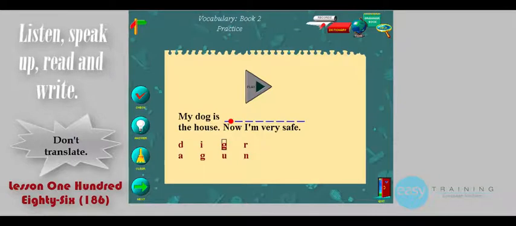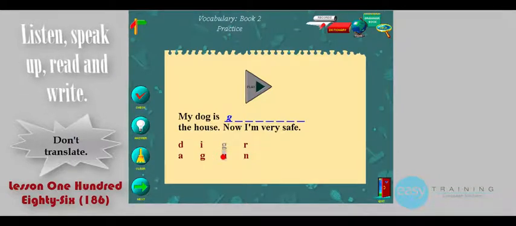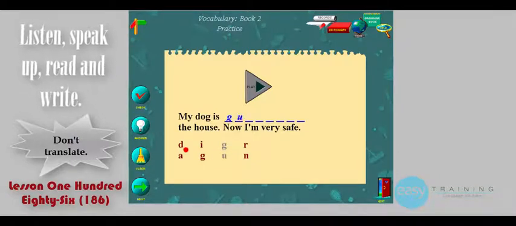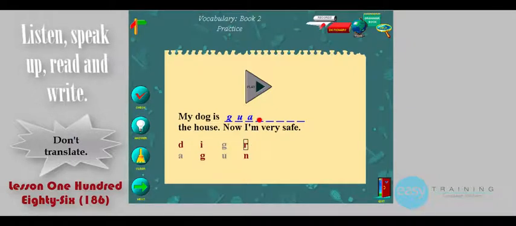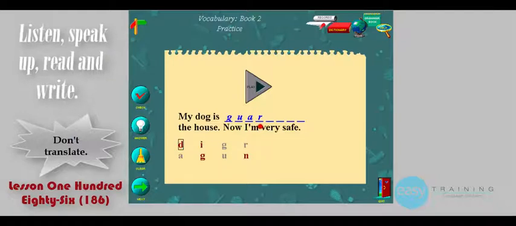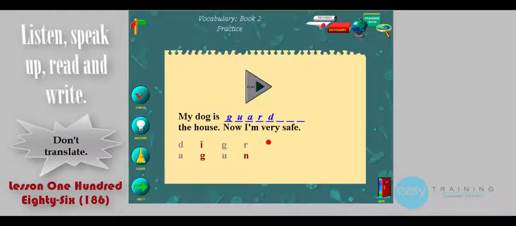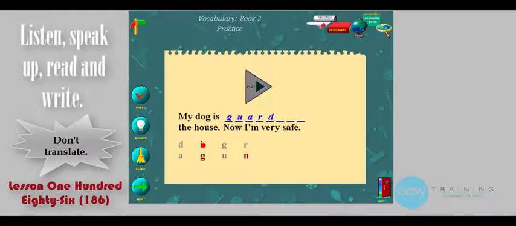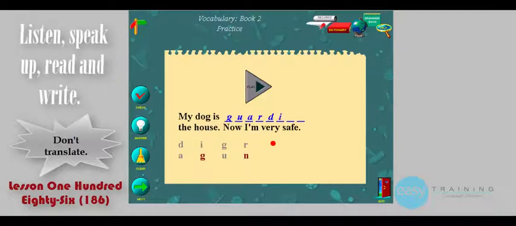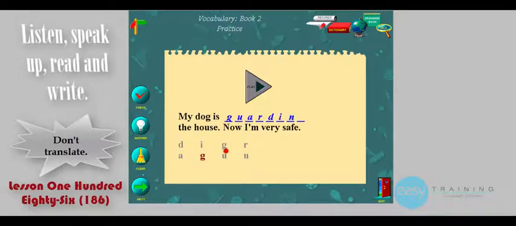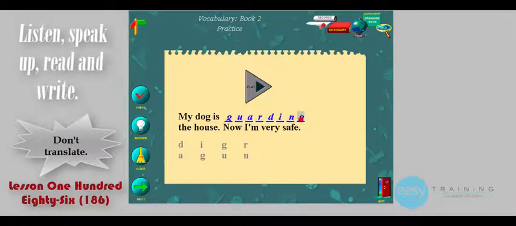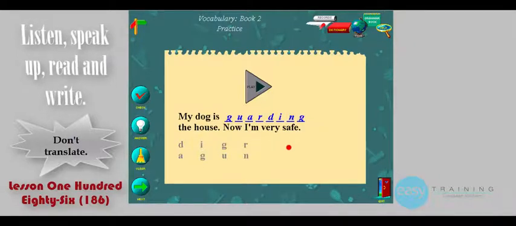G, U, A, R, D. Guard. And how do you spell guarding? Then we add I, N, G. My dog is guarding the house. Now I'm very safe.